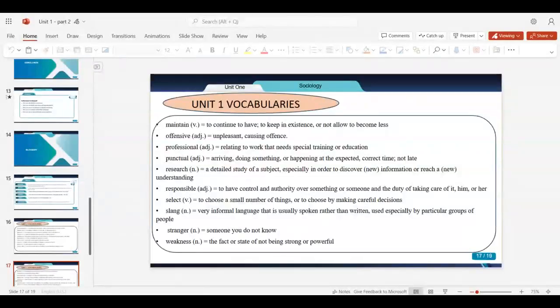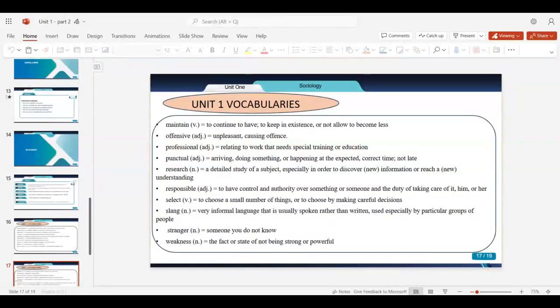Here we have stranger. What is stranger? Stranger means someone you do not know. Here we have the next vocabulary word, weakness. It's a noun: the fact or state of not being strong or powerful.